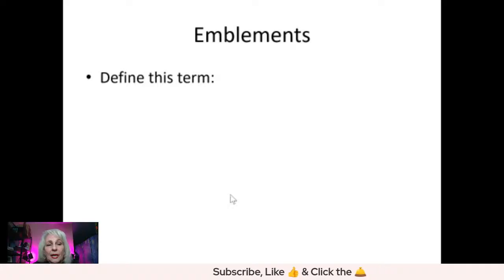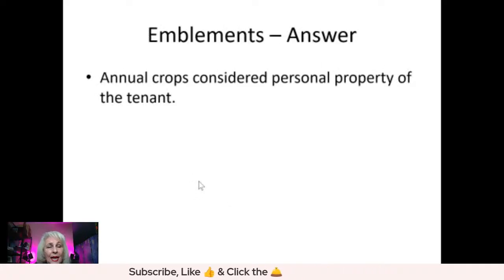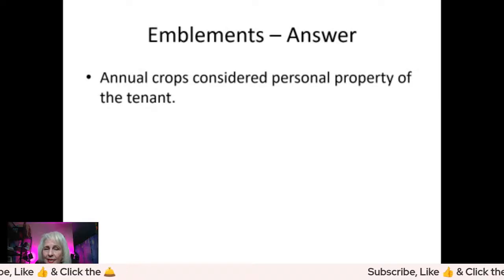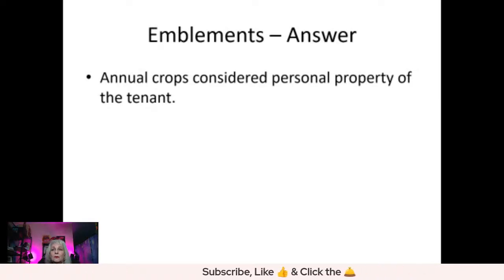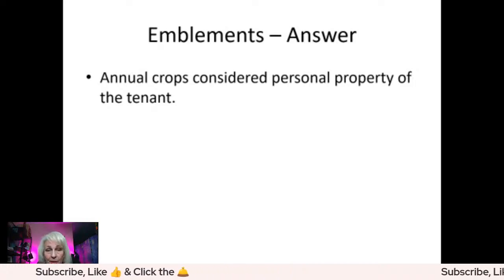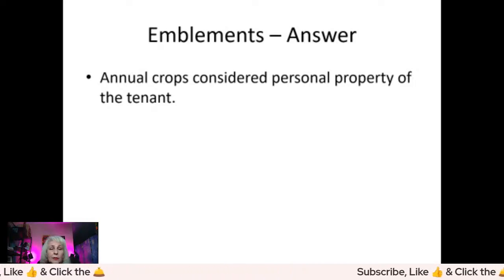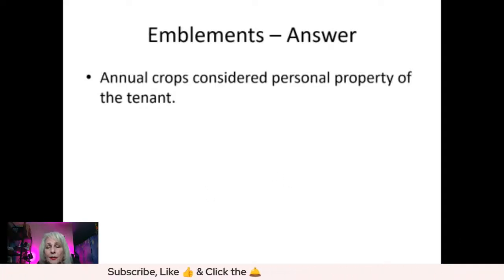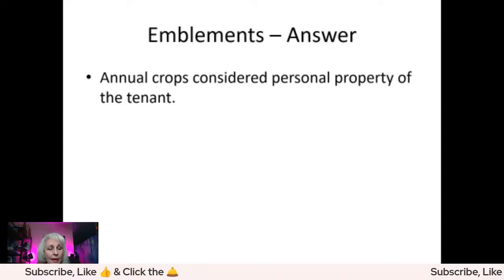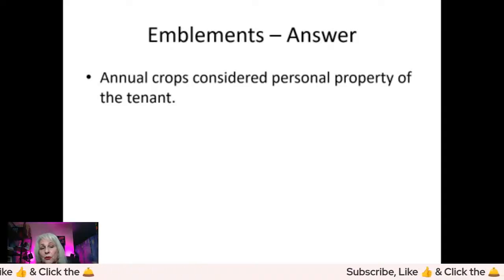Emblements. What are emblements? Annual crops considered personal property of the tenant. Many landowners, when a lot of agriculture was being grown, cotton, corn, cabbage, sugar cane, all types of different products, wheat and hay, those are emblements.